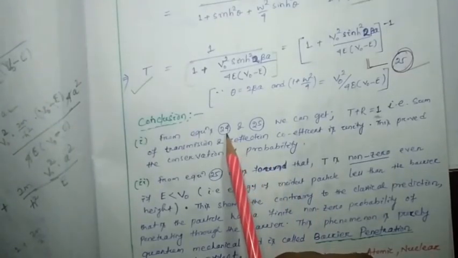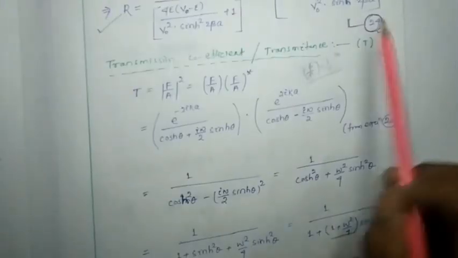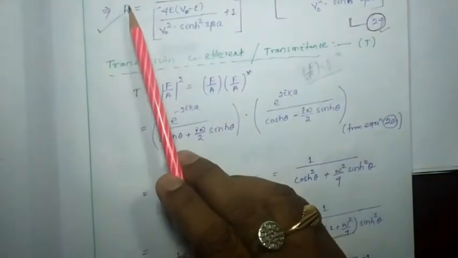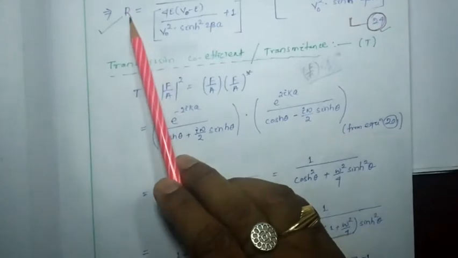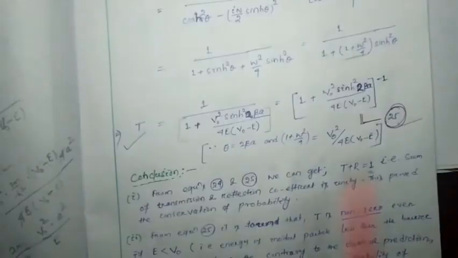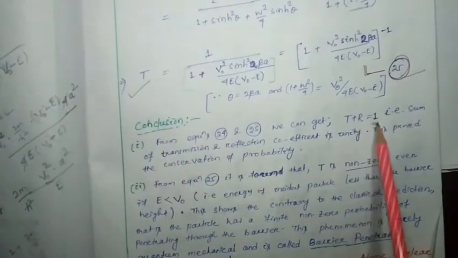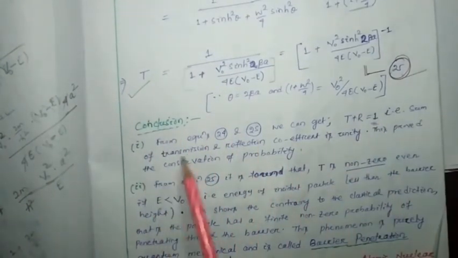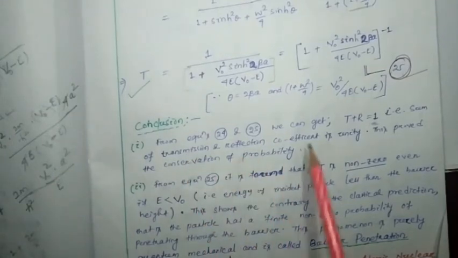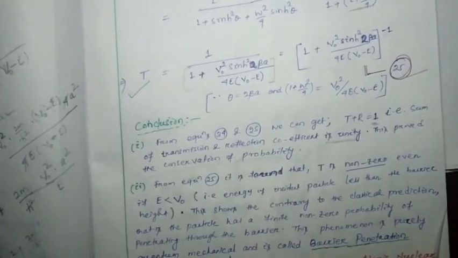From equation number 24 and 25, where 24 represents the reflectivity or reflection coefficient and 25 represents the transmittance, if we add T and R, it will be 1. That is, the sum of the transmission and reflection coefficients is unity. This proves the conservation of probability.